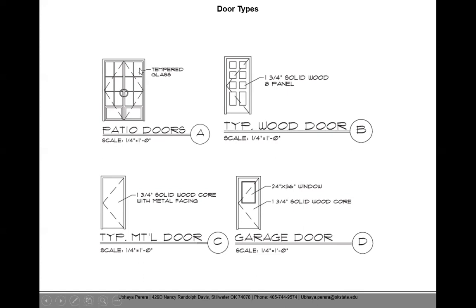Here you can see the material is indicated, and you also need to show the direction of the door opening. There are two different ways of drawing it, but I think this is the universal way. If the hinges are on this side, this point should be on that side.